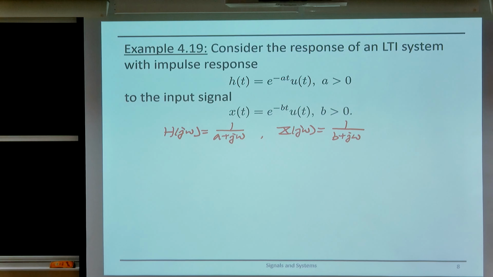So by the convolution property, we know that Y(j omega) is equal to H(j omega) times X(j omega), and this is equal to 1 over (a plus j omega)(b plus j omega).